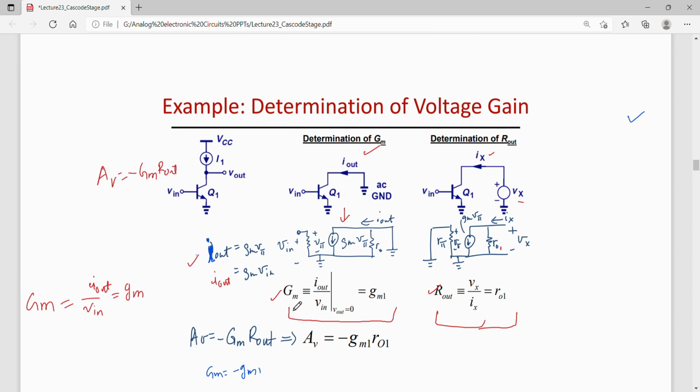GM we have calculated here, R out also calculated, so simply multiply GM and R out. So the total gain of this circuit is minus GM1 times RO1. GM is GM1 and R out is RO1 from here. So total gain of this circuit is minus GM1 RO1.